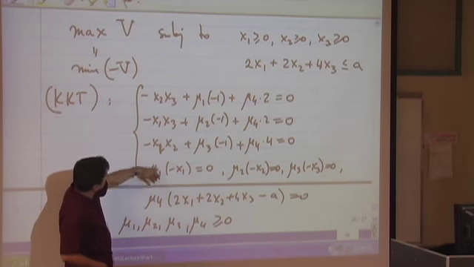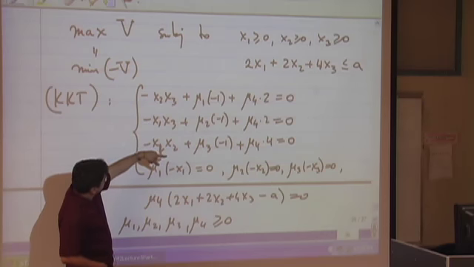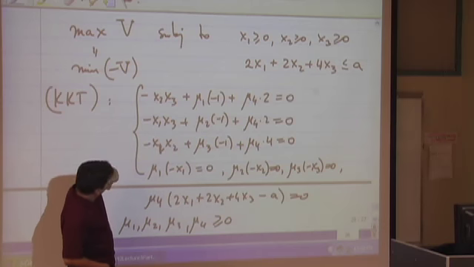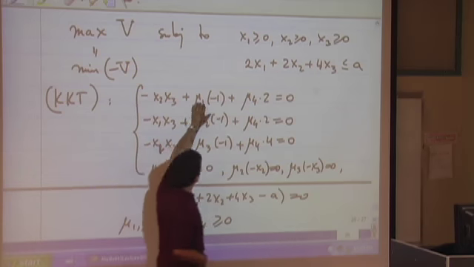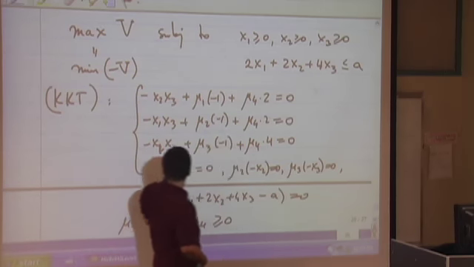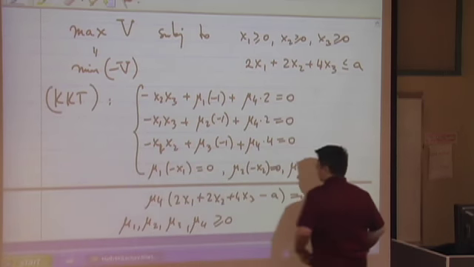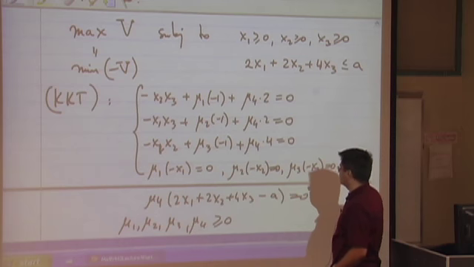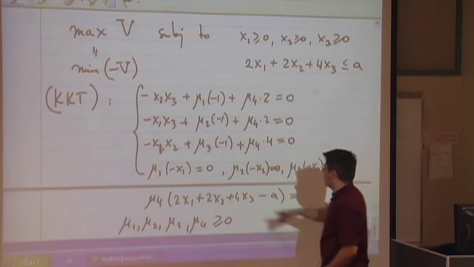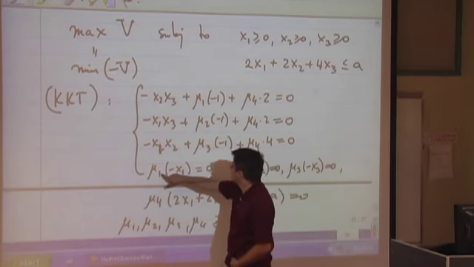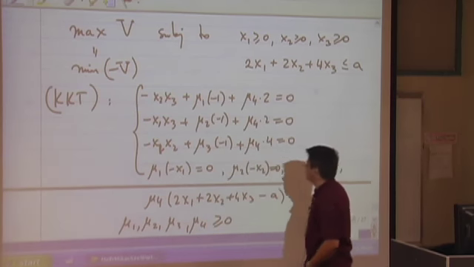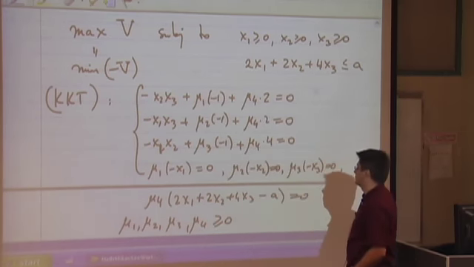It may be to have the least involvement in this solution would be to say, what gets rid of the mu1, mu2, mu3 if they solve the first 3 equations in terms of just mu1, mu2, mu3 and then plug them into the last ones. So solve for mu1 here, and plug it in here. Exactly. You still get x1 times this equal to 0, with x1, x2, x3, and mu4.